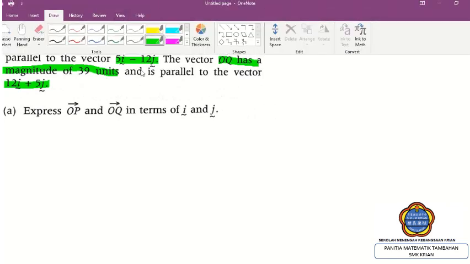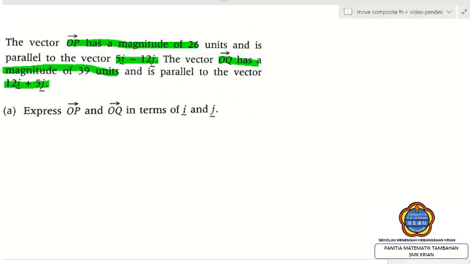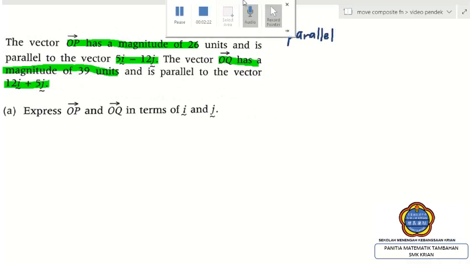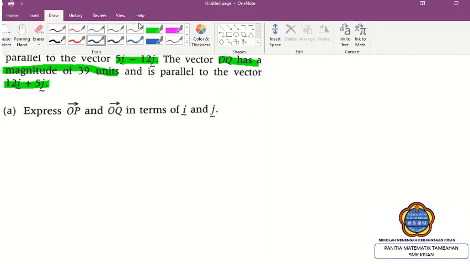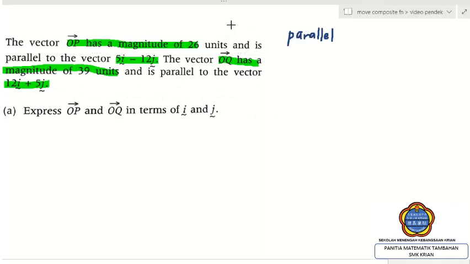When you read the question, it tells us about parallel. What can you imagine, and remember, what is meant by parallel vector? It is actually like this. Parallel vectors have the same direction, and the lines are parallel.